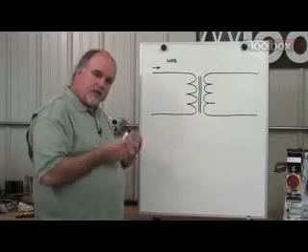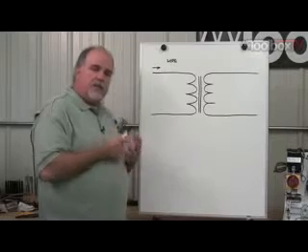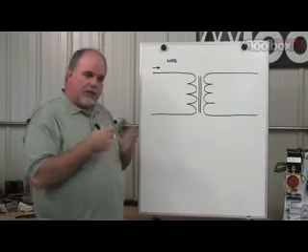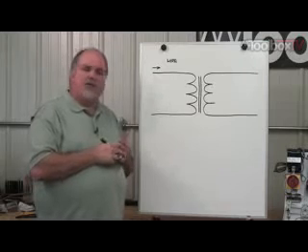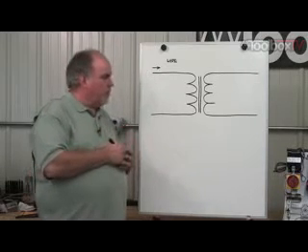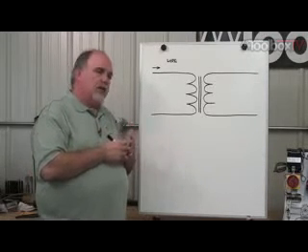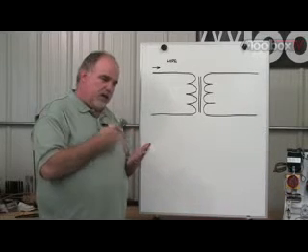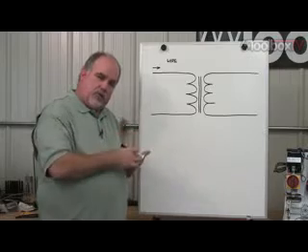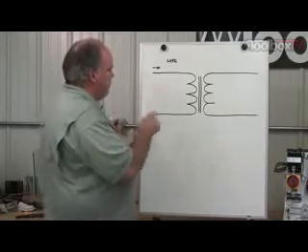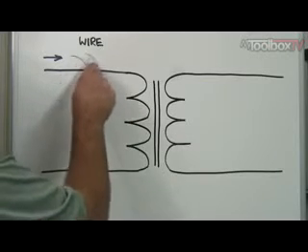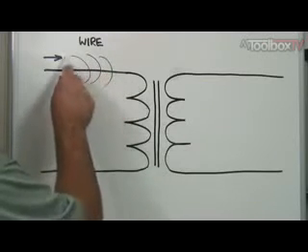It's hard to talk about transformers without first talking about magnetism. Magnetism is so important in all electrical work, but in transformers, it's what makes them function. A simple magnetic rule in electricity is if you've got a conductor that is conducting current through it, like this wire here, there's also a magnetic field around that conductor.